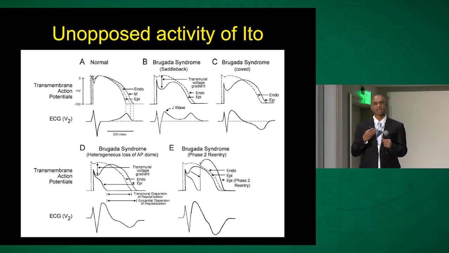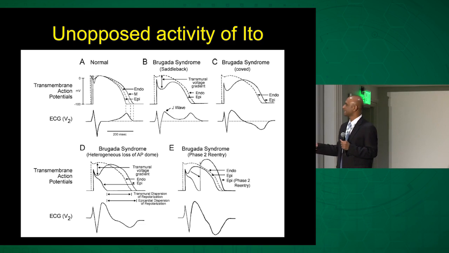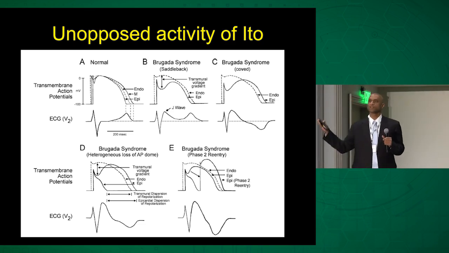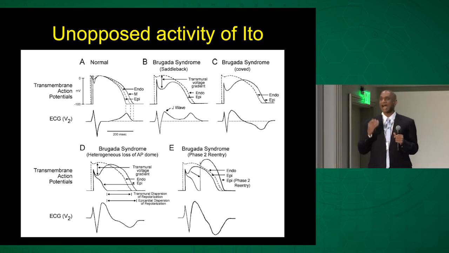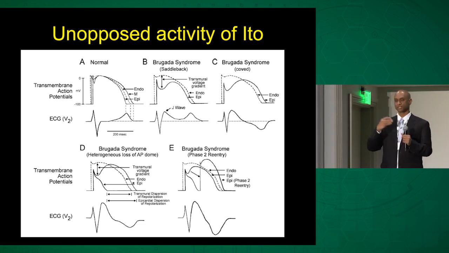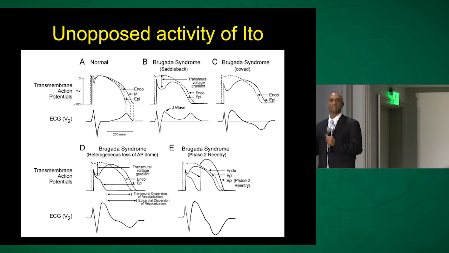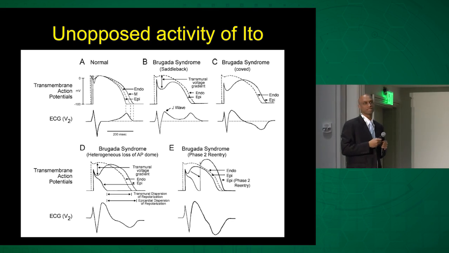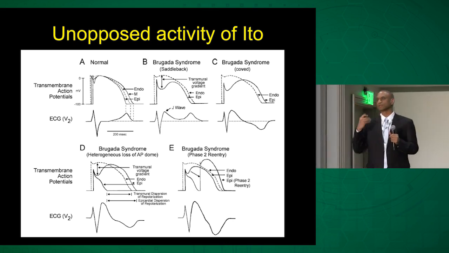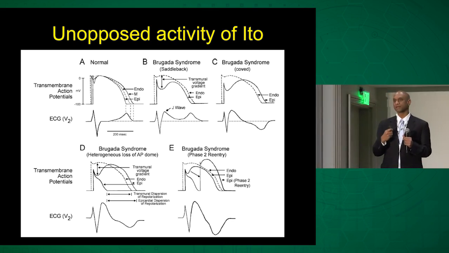When you have a sodium channel mutation, you have unopposed activity of this ITO current. And even though the sodium channels are ubiquitously distributed, ITO is regionally distributed in differential fashion. This is what is responsible for the regional variation of the ECG morphology in Brugada syndrome, why it is most likely seen in the right precordial leads.